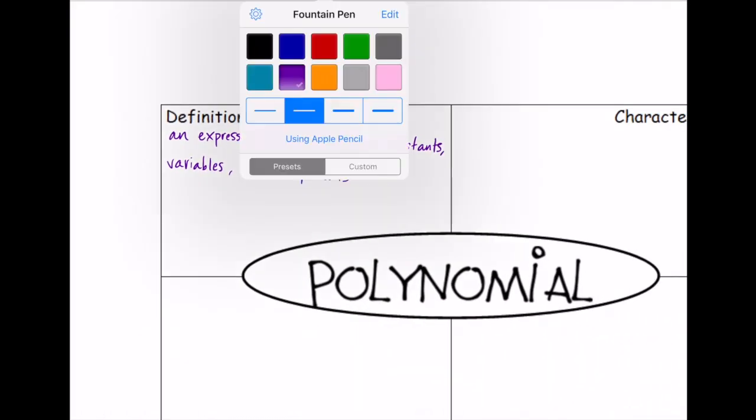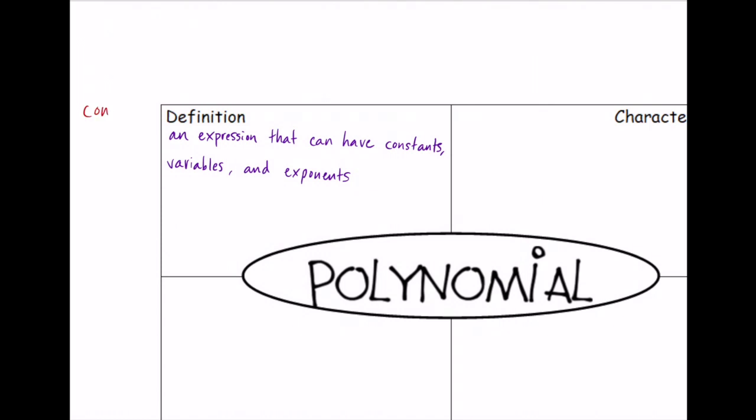So let's give an example of a constant. So think to yourself, see if you can remember what a constant is. A constant is just going to be any number without a variable. So 8 is a constant. -2 is a constant. Any number without a variable, and it's usually at the very end of our polynomial.